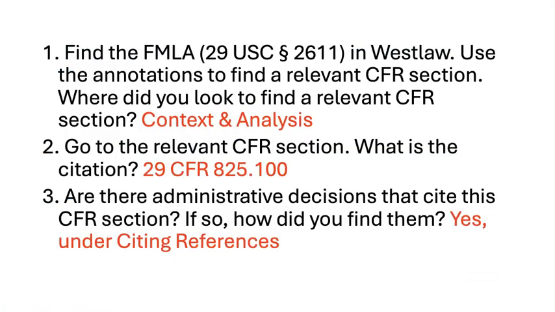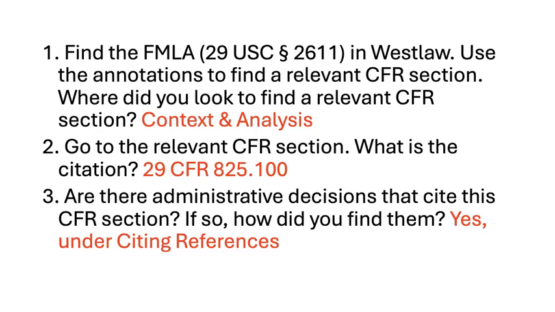So to review our 3 exercise questions, right? We had our U.S. Code section. That's where we found that statutory act in Westlaw. Then we looked to our annotations, which again were those tabs up top, right? That's that information, those notes that our wonderful attorney editors have put together to help us in our research. We used that context and analysis tab or annotation to find the relevant CFR section.